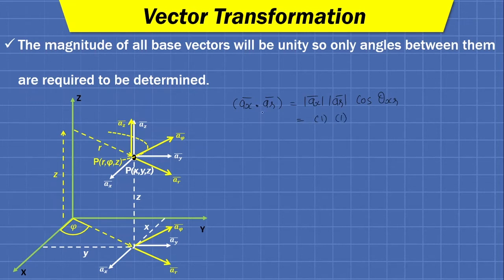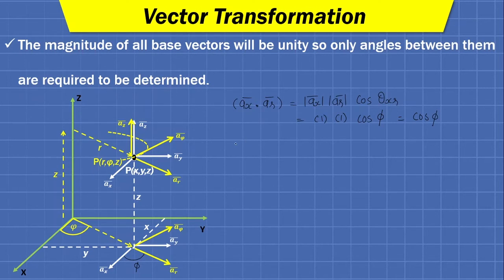The magnitude of unit vectors will always be 1. As you can see here, the direction of x and the direction of r make an angle phi, so we simply write cos phi.